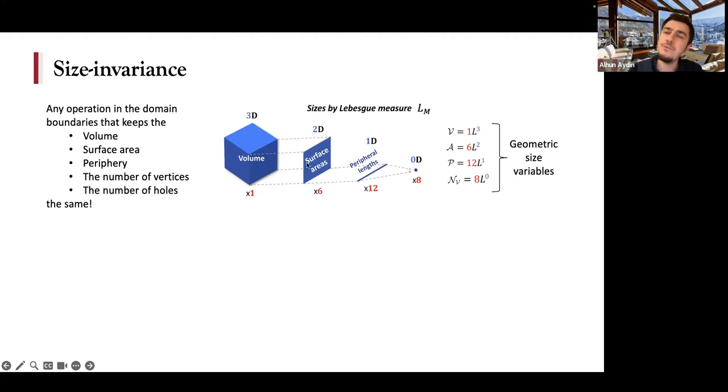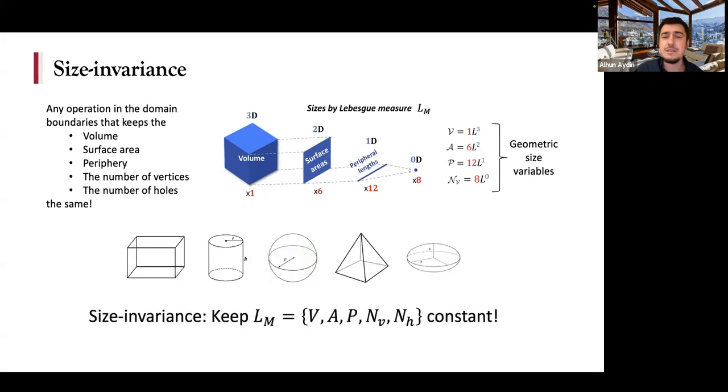So by using these four parameters, or four different numbers, in this case, you can define the size of this object fully. And also the number of holes could be important if there are holes in your domain. So when we say size invariance, we are actually talking about not changing any of these parameters, so keeping all of these parameters constant.